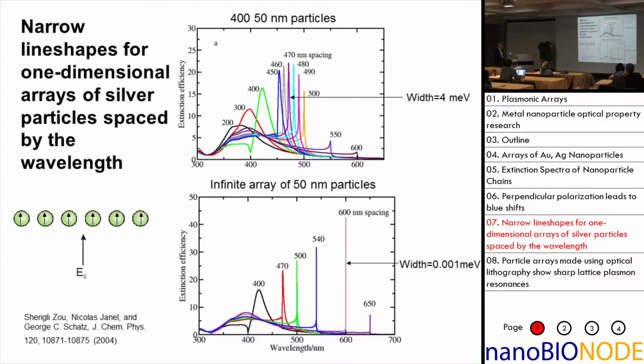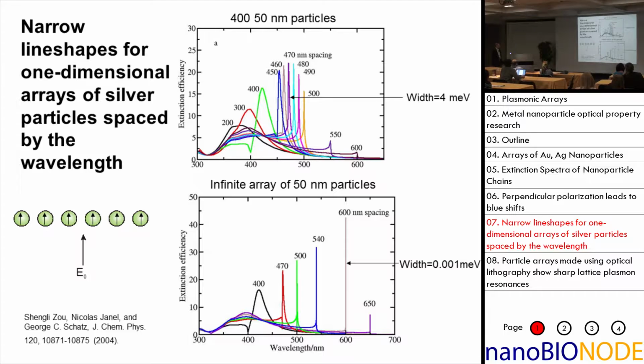And so no surprise. I mean, this is where you're coupling the diffractive mode associated with the array of particles with the plasmon resonance. And so it turns out that makes it so that you get this sort of sharp peak, which is a hybrid mode, a hybrid between the plasmon and the photonic modes.